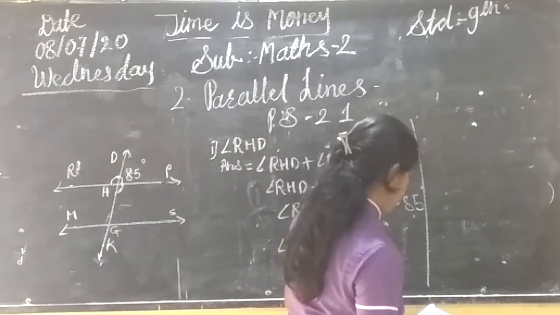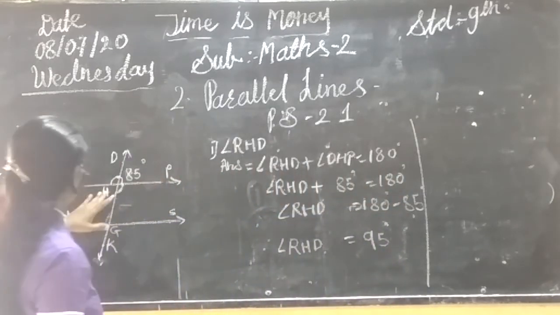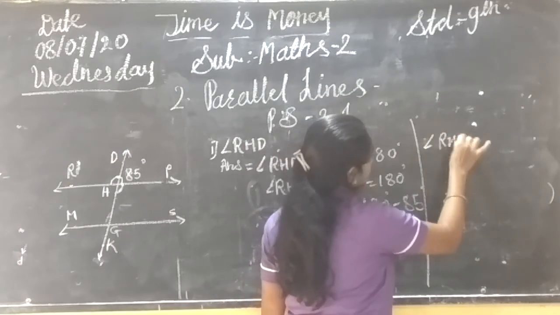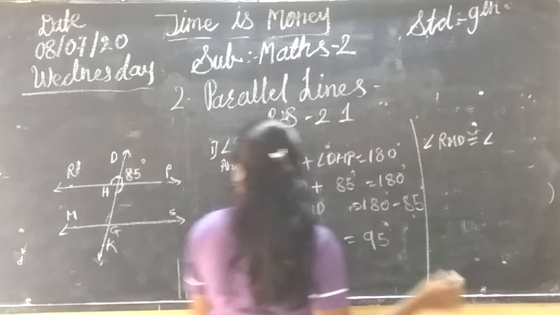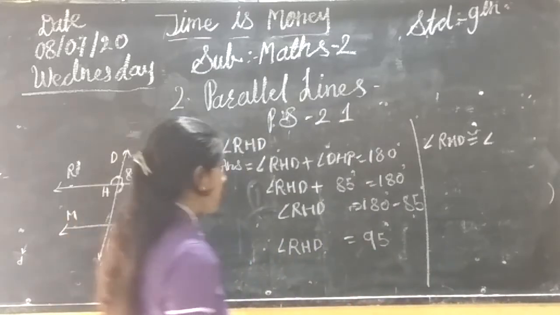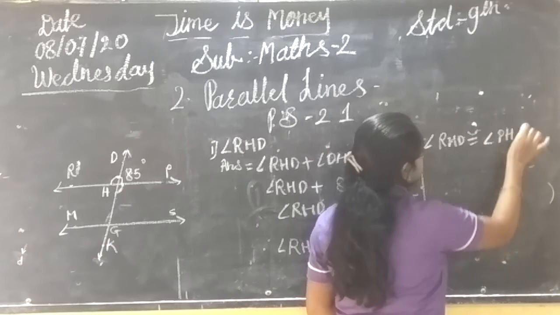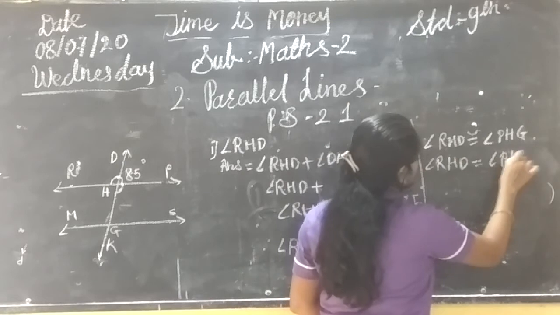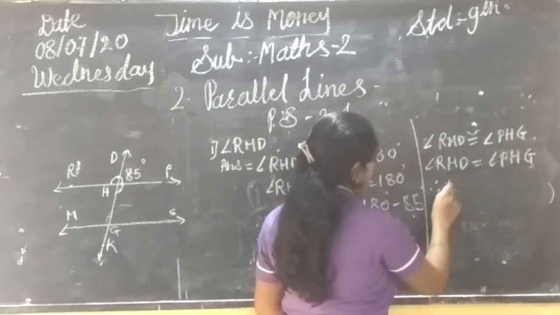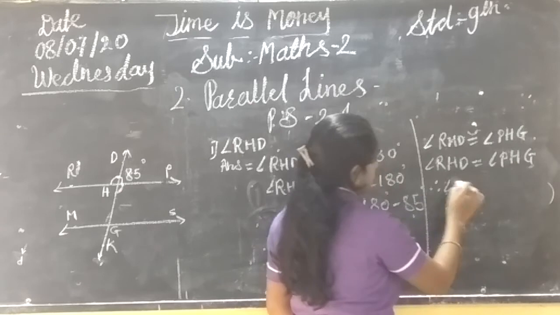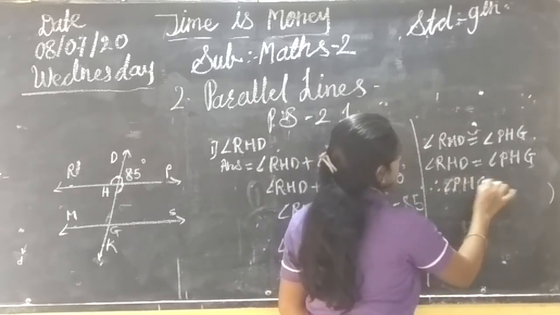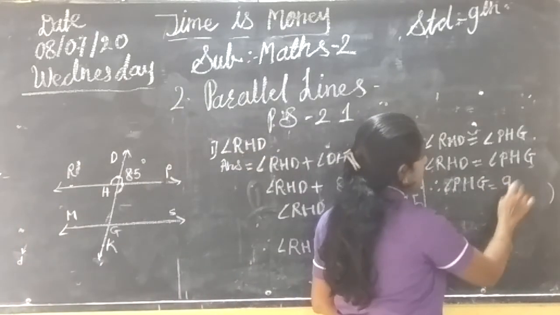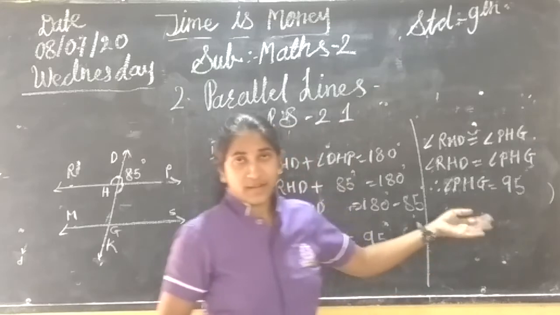So we can write angle RHD is congruent to angle PHG. That means angle RHD is equal to angle PHG. Therefore, angle PHG is 95. If RHD is 95, then angle PHG is also 95.